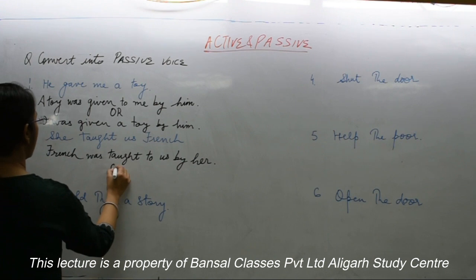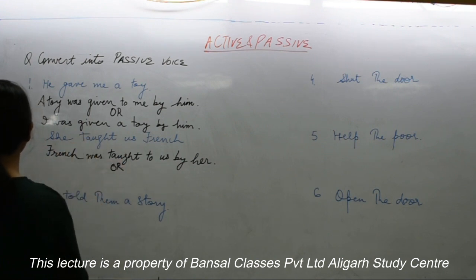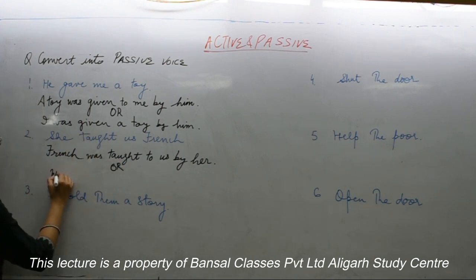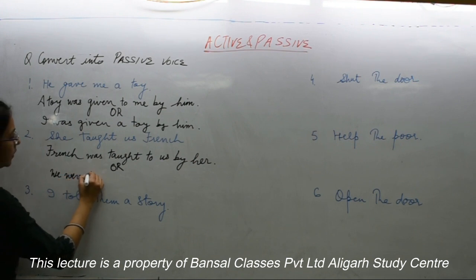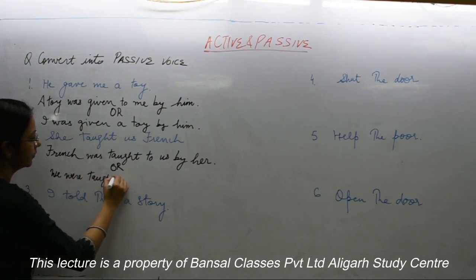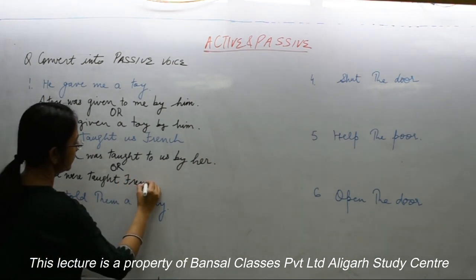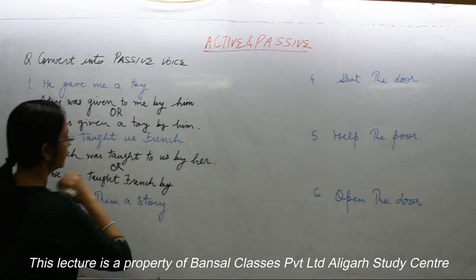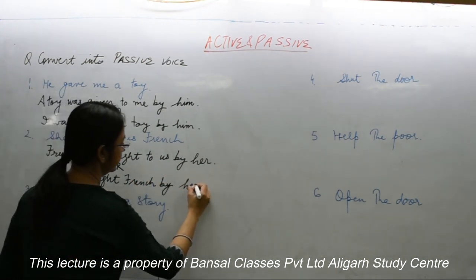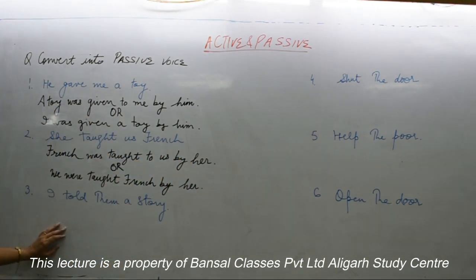Or we can also write that we were taught French by her. Both ways are correct. Either French was taught to us by her or we were taught French by her.